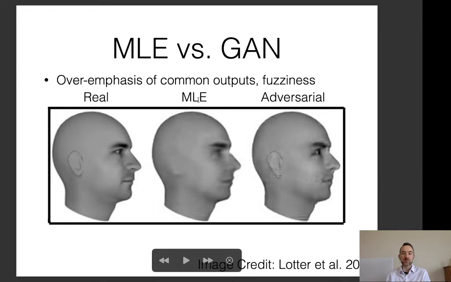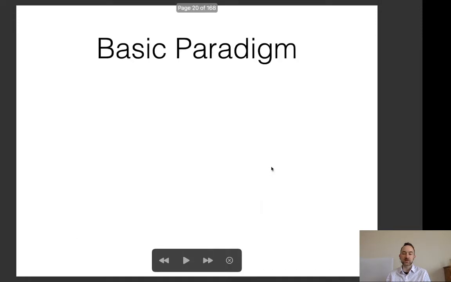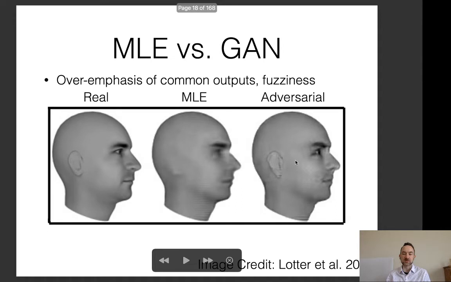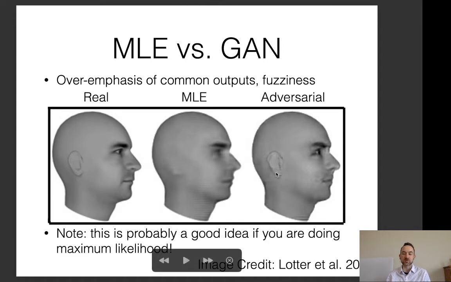However, the MLE one is quite fuzzy, so the overall shape is not bad, but it's blurring out the ear, and the eyes are not sharp. If we look at the adversarial output, it's still a little sketchy because this was an image from 2015, but you can see at least it's very sharp in the way it is created.